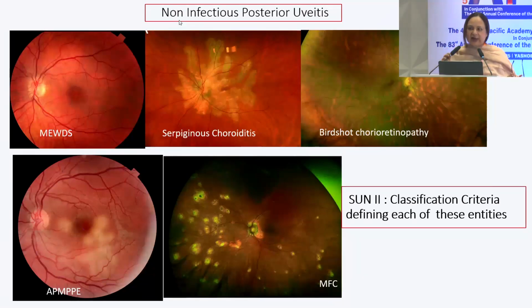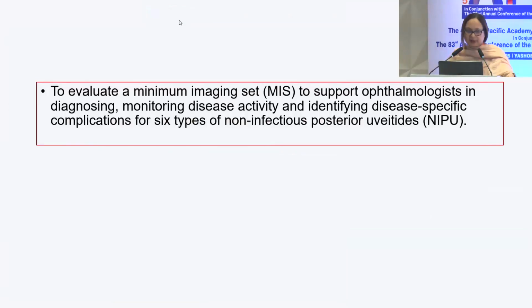So we decided to get away with the term white dot syndrome and to identify each one of them separately and put them as non-infectious posterior uveitis. And the studies which we studied included MEWDS, serpiginous, birdshot, AMPPE, and multifocal choroiditis.